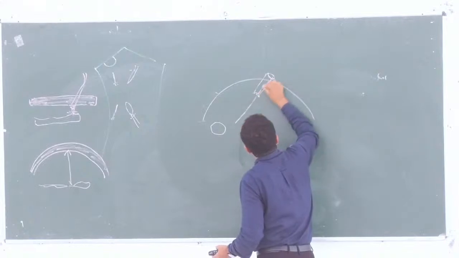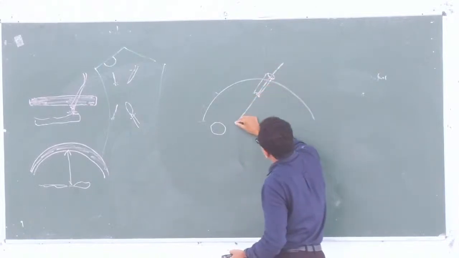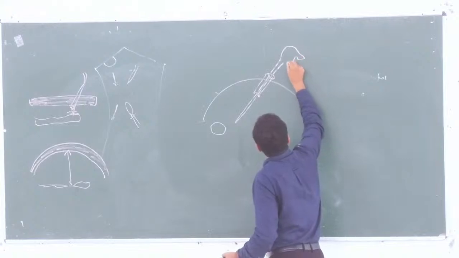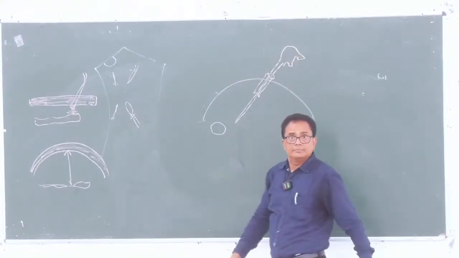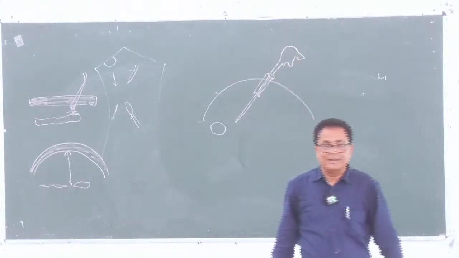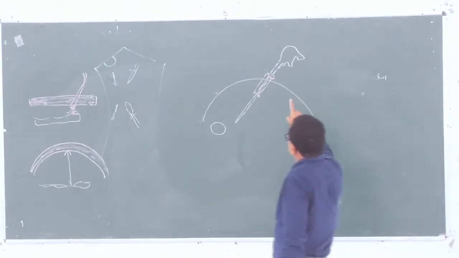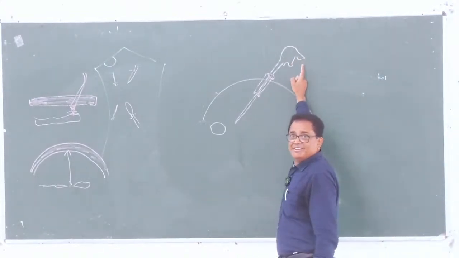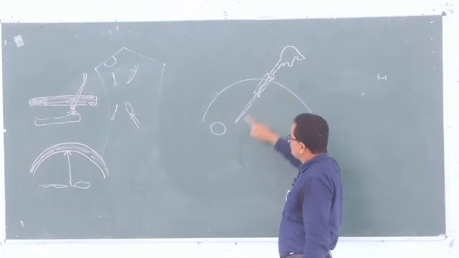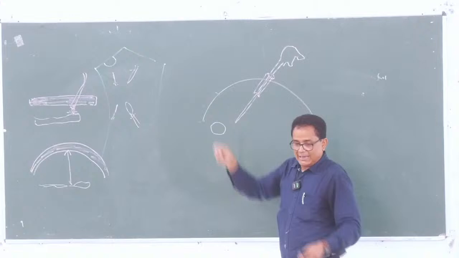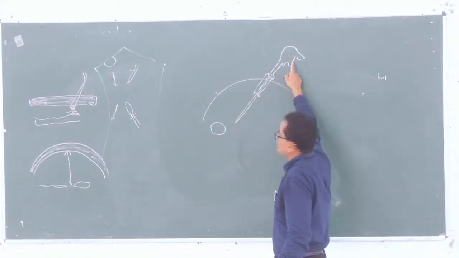Then these long instruments are passed through that tube there, and here is the handle that the surgeon is holding. All right. So you can understand this is a very distant surgery. The vision is carried to the monitor, you don't look at the patient, and the instruments are pretty long.